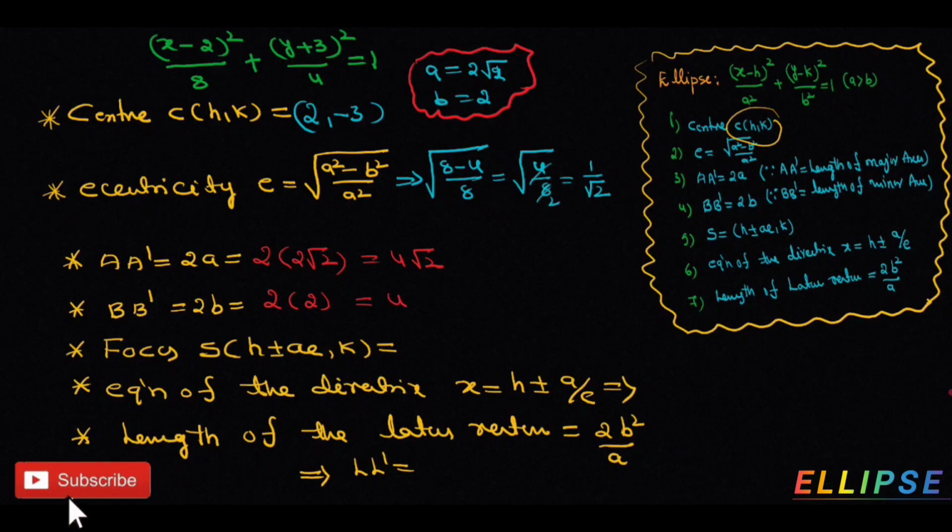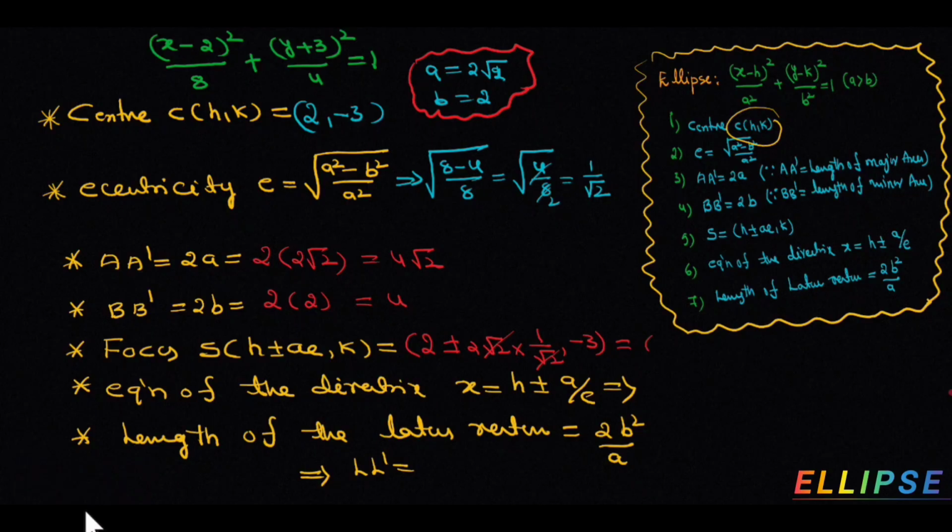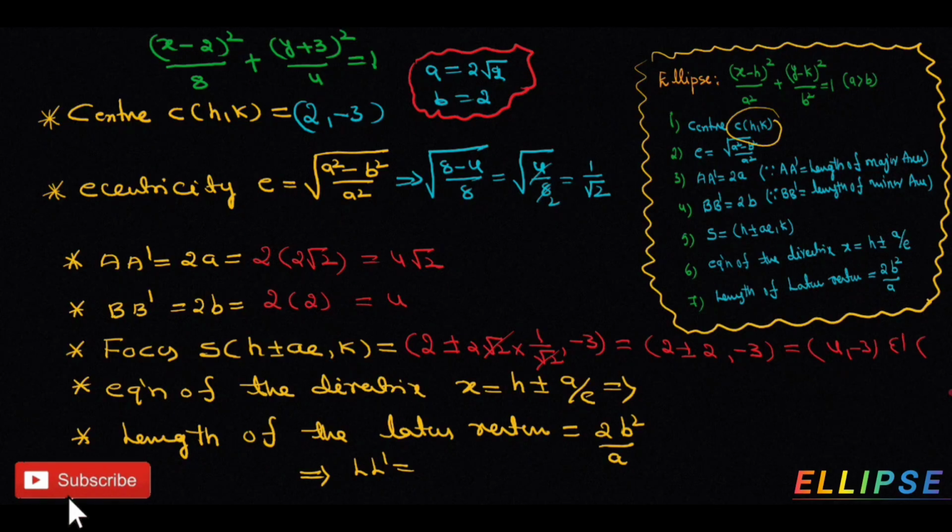Next, the foci are h plus or minus ae comma k, so 2 plus or minus 2 root 2 into 1 by root 2 comma minus 3. The root 2 cancels, then we get 2 plus or minus 2 comma minus 3, so we get 4 comma minus 3 and 0 comma minus 3, one is S and the second is S dash.